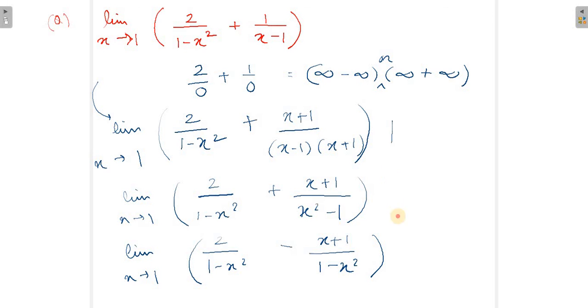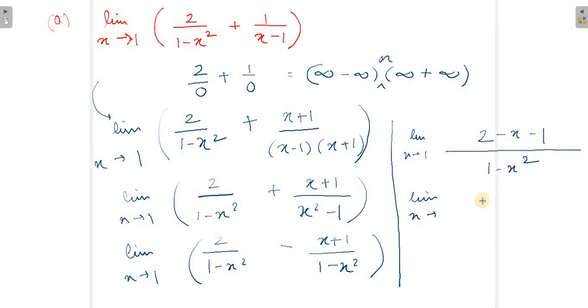Further we can take the LCM, limit x tends to 1, and it will become 1 minus x square in the denominator. The numerator will be 2 minus x minus 1. Now again limit x tends to 1, it will become 1 minus x by 1 minus x square.